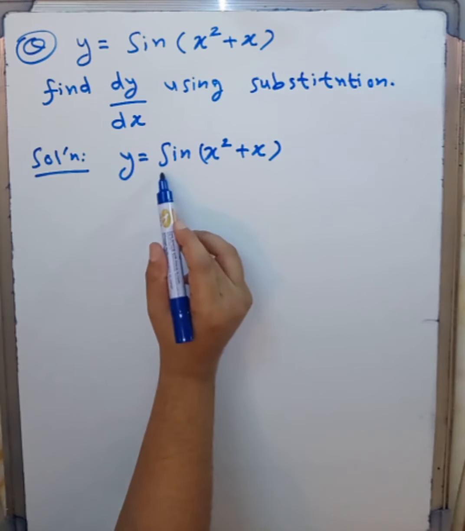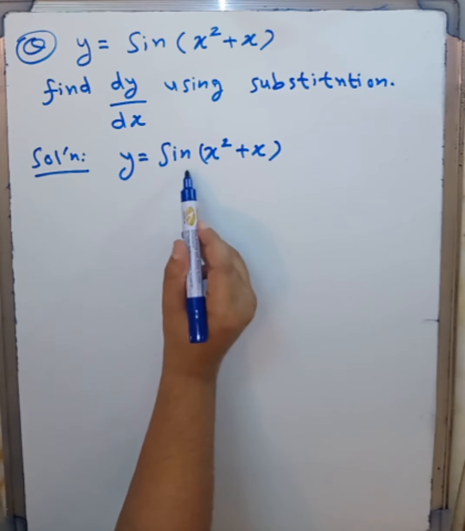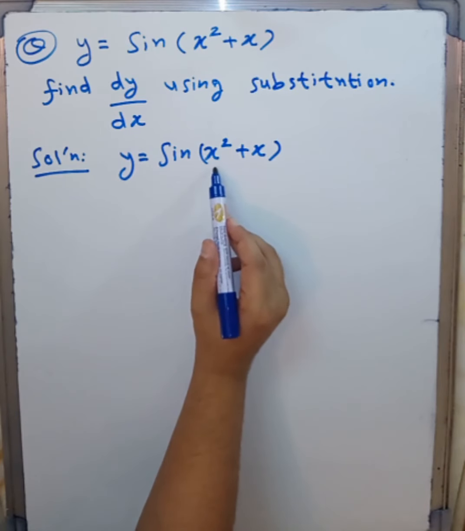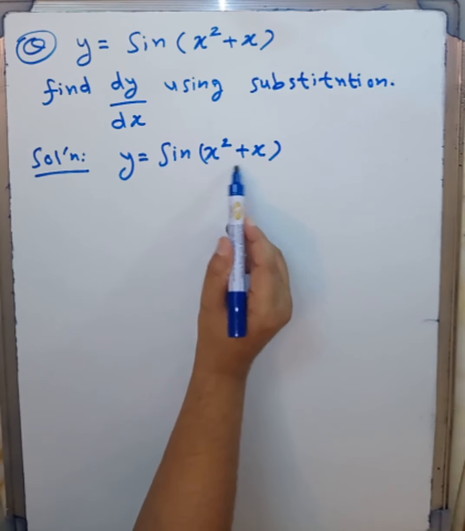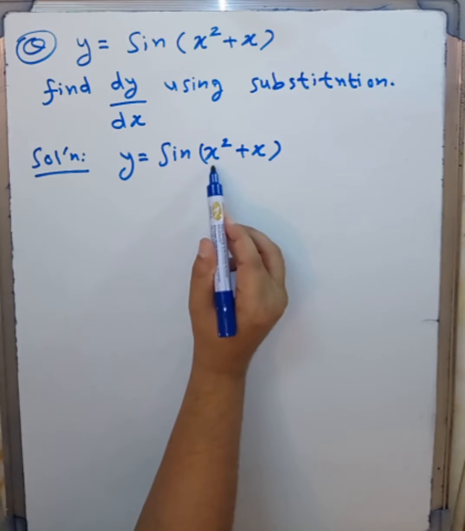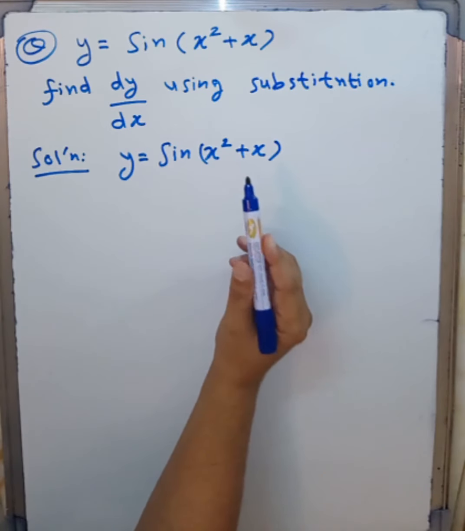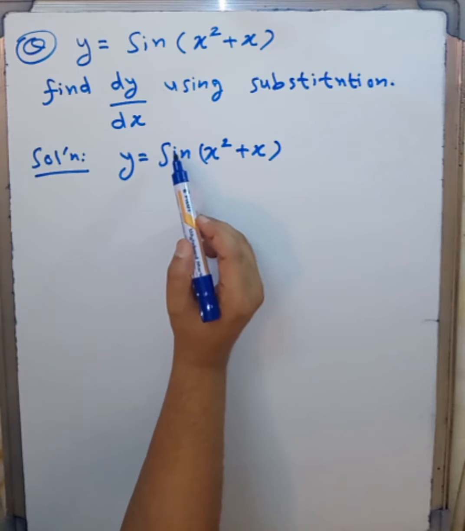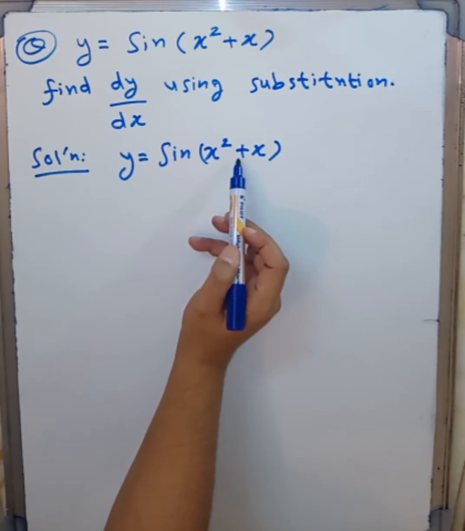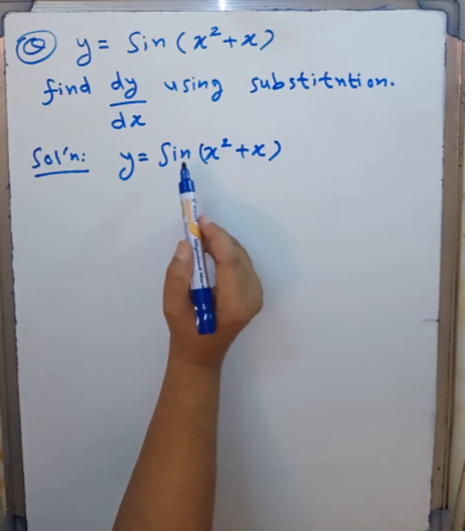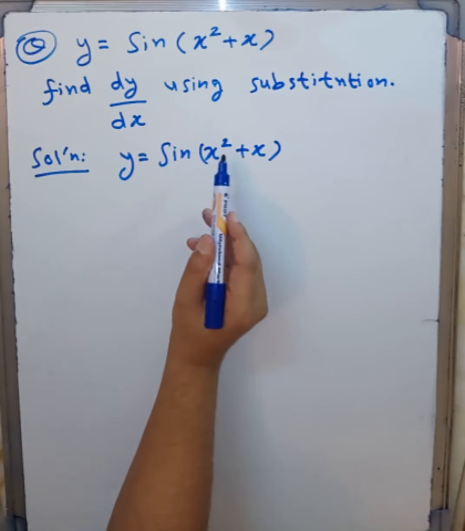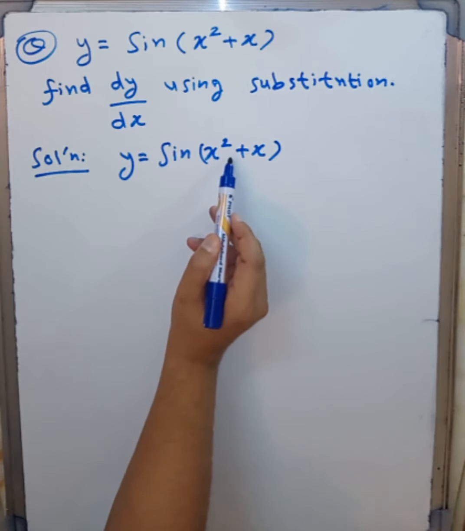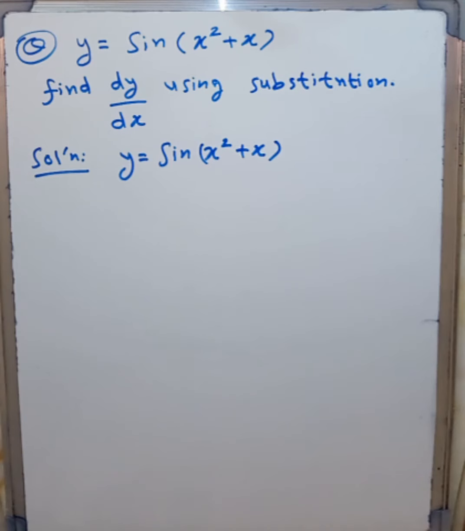One of them is the sine function and second is the quadratic function x square plus x. Clearly, sine is operating on x square plus x, or we can say that the sine function is operating on the quadratic function.